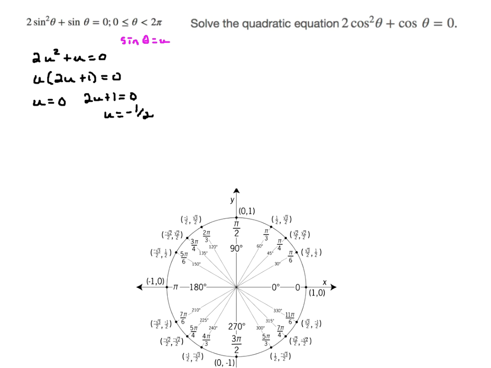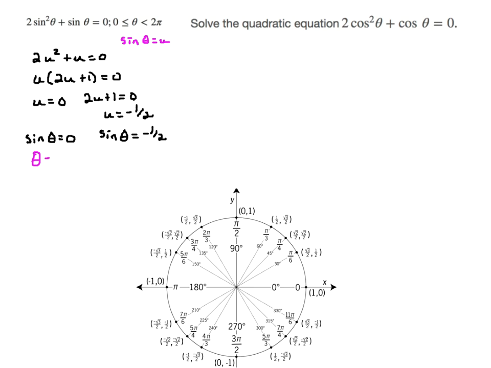The sine of theta is equal to u. So I have sine theta equals 0 and sine theta equal to -1/2. All I have to do is go to my unit circle and see when the sine of theta is equal to 0. That happens at 0 degrees because my y-coordinate is 0.